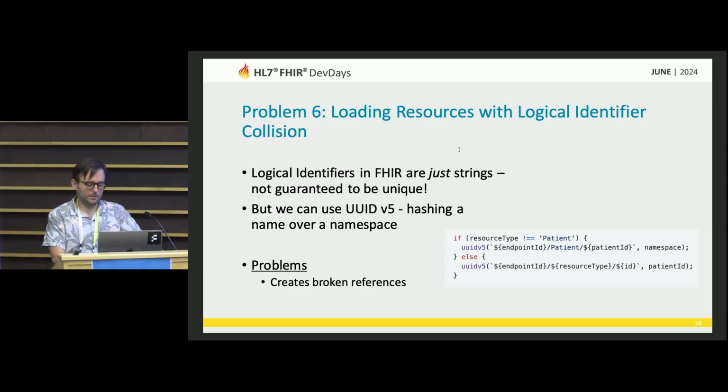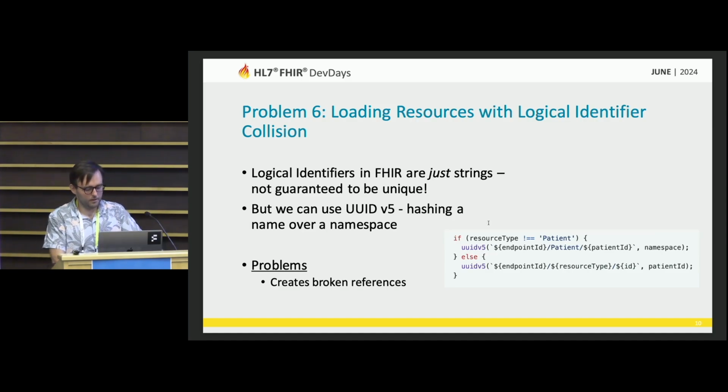So this example here of assigning an ID to each endpoint and then passing in an endpoint and a patient ID means that for each endpoint, I can create a consistently unique patient ID that is also reproducible if I encounter that resource again in the future.